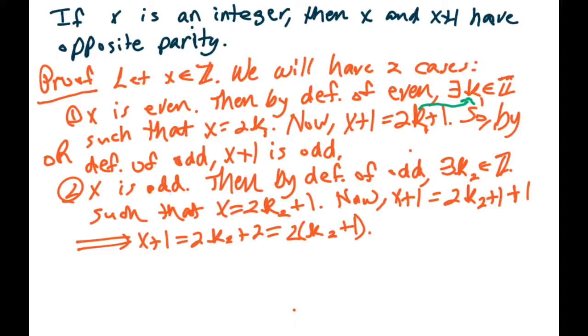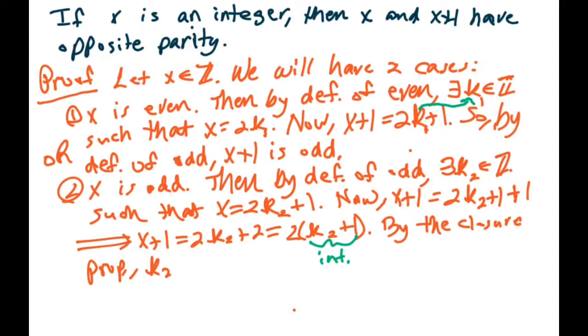All right, now it's not given to us that k sub 2 plus 1 is an integer already, so we need to make that argument. So why is what's inside of here an integer? Well, by the closure property. All right, but we need to state that because it's not already stated. So we'll say by the closure property of integers under addition, k sub 2 plus 1 is also an integer.